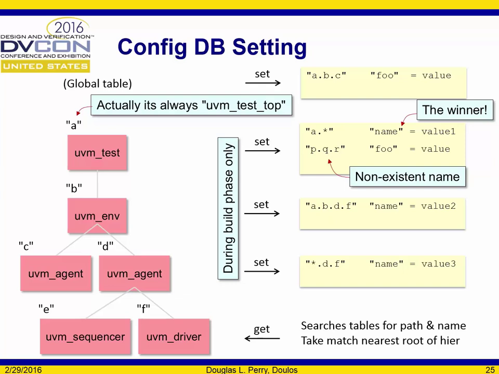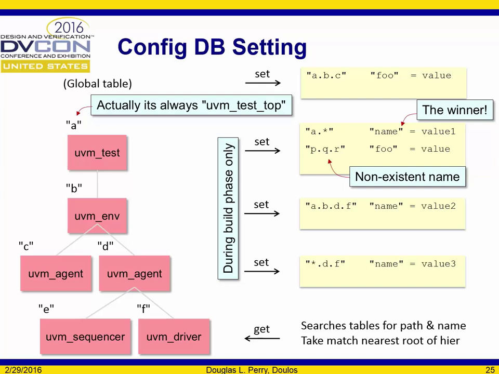Now, the other thing that confuses students is what if you set a config_db set variable value in multiple places in your hierarchy? Which one wins? So let's say I've got a driver down here. Basically, its path name is effectively A.B.D.F. So down here, I'm going to search for something called name.